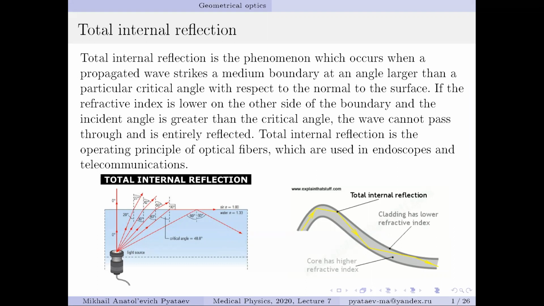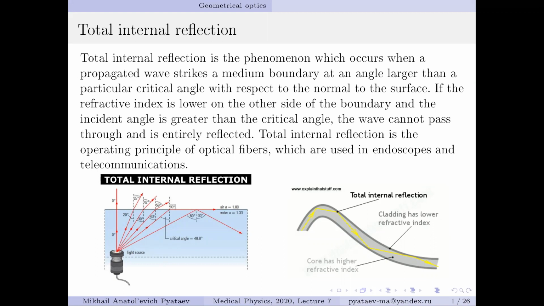If we made a fiber of something, for example, a tube with glass walls, and try to transmit light inside this tube, then part of the light energy will be lost at every reflection, because from air light can always penetrate into the glass at any angle of incidence.